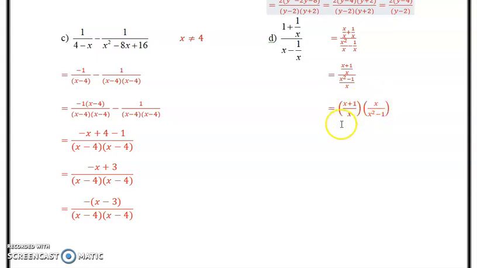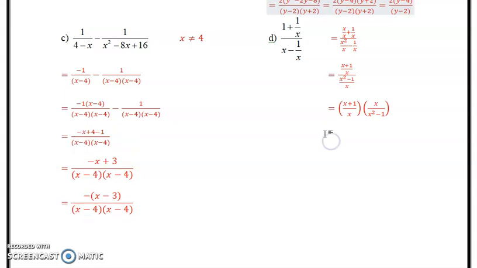So the x divides by the x, right? That x in the second rational expression divides by the x in the denominator of the first one. So this becomes simply x plus 1 over x squared minus 1.